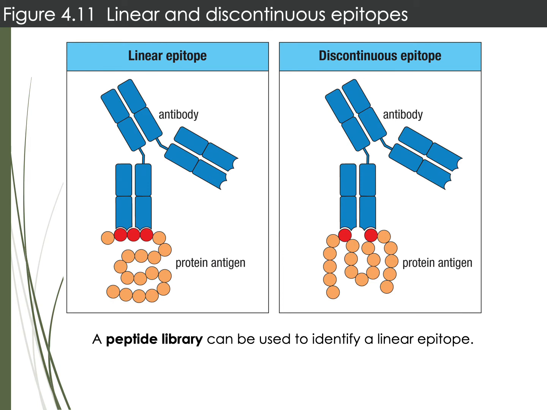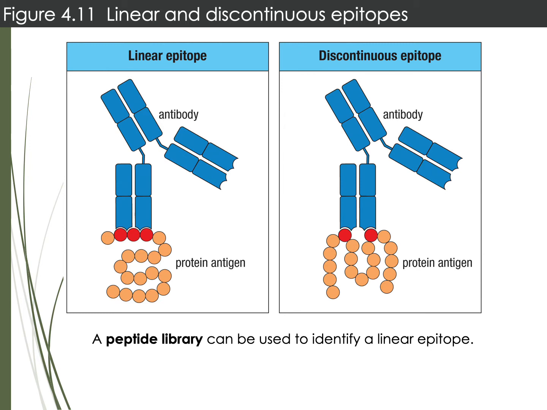With the idea of linear and discontinuous epitopes, this figure shows you nicely how a linear epitope is a run of amino acids. I wish the image was a little bit more accurate and actually showed 10 to 13 amino acids engaged with the antigen binding site, but hey, I'll take it.